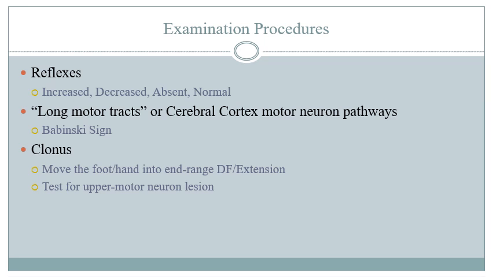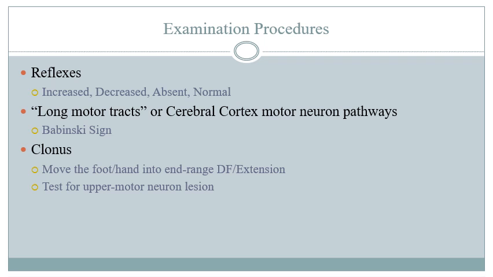Clonus is another thing you could test for, which is another abnormal reflex. You can use the ankle for this, or the wrist as well. Most people use the ankle, and basically you take the ankle and quickly move it into dorsiflexion. Under normal conditions, you shouldn't get any added movement. Say you took the individual's foot and quickly put it up into dorsiflexion a couple of times.